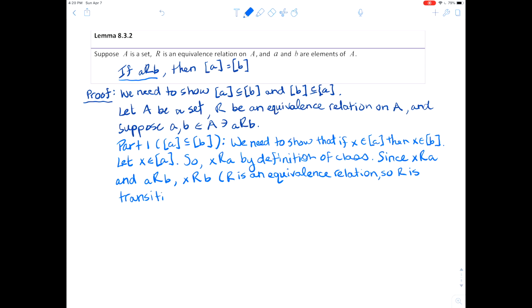Cool, cool? Hence, x is an element of the class of b, and that tells us that the class of a is a subset of the class of b.